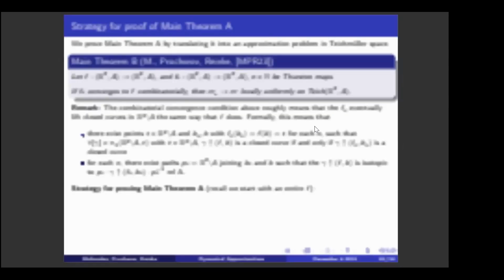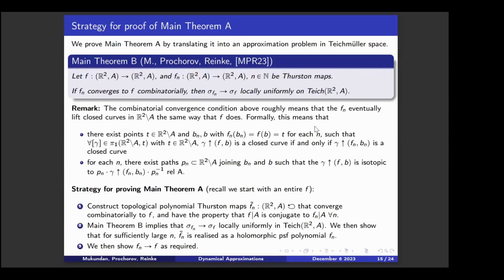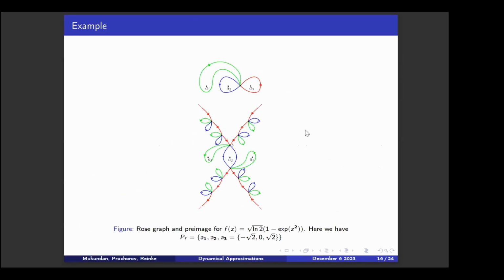Okay, so before I go to the strategy, let's look at an example. So, okay, here is one way that you can describe a Thurston map. So the top picture is the codomain, the bottom picture is the domain. This is the Thurston map here. So it has the following formula: root of ln2 times 1 minus z squared.